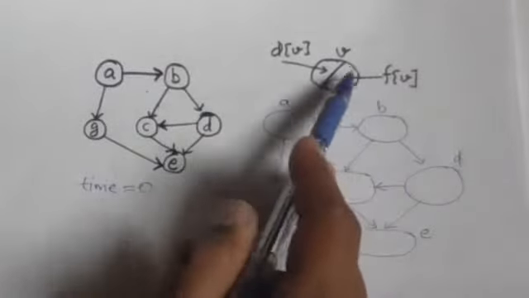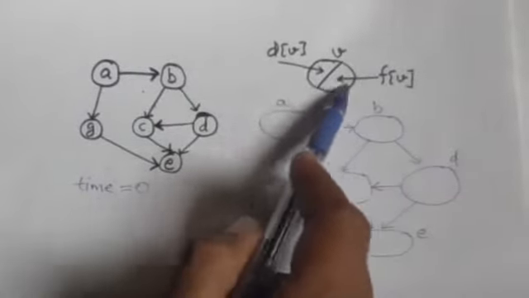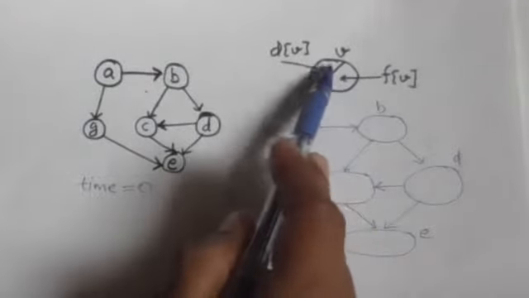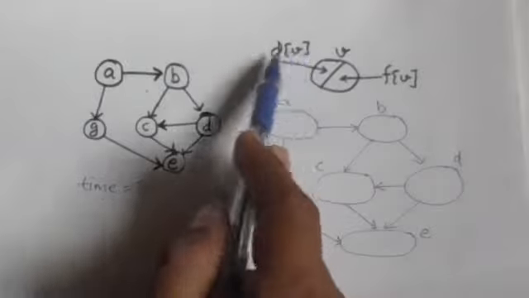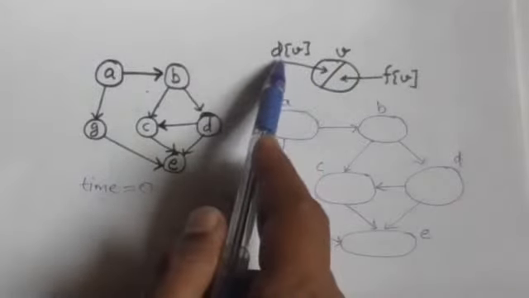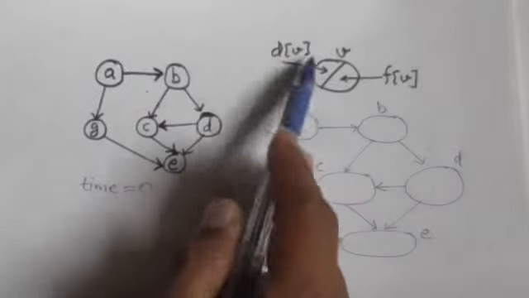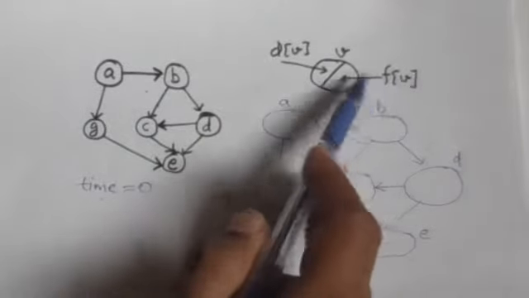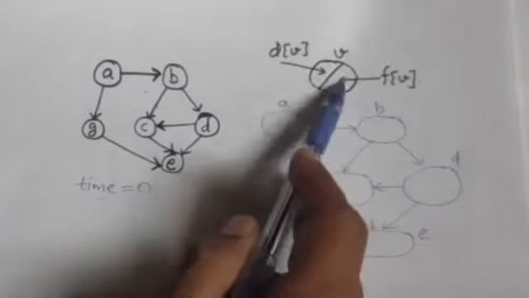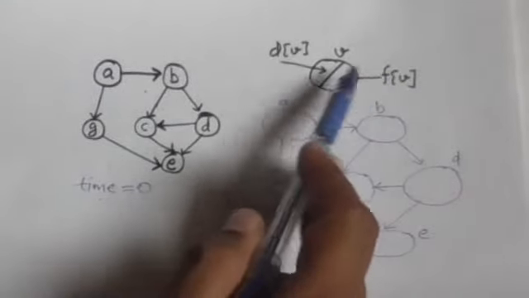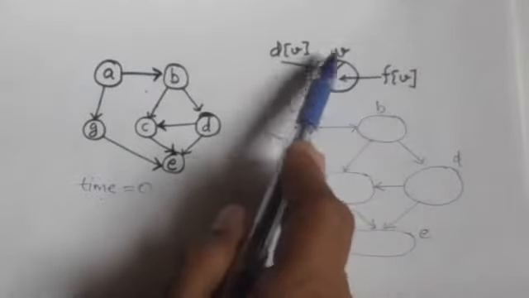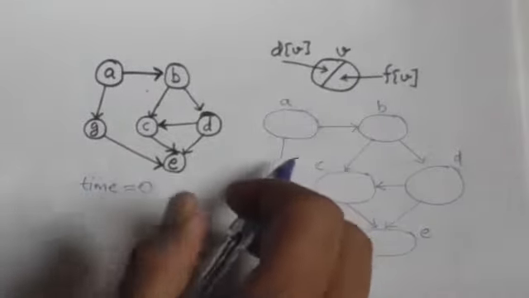So suppose there is a vertex v, then the first part will store the value of variable dv, right? So first part will store the value of discovery time, and second part will store the value of variable fv. So second part will store the value of finishing time of vertex v, right?